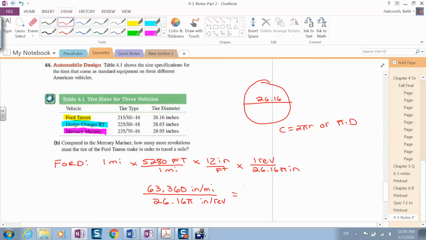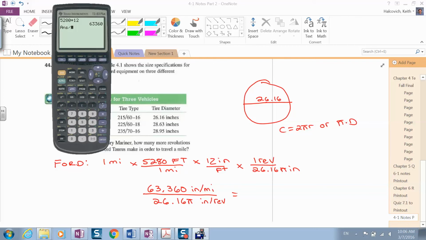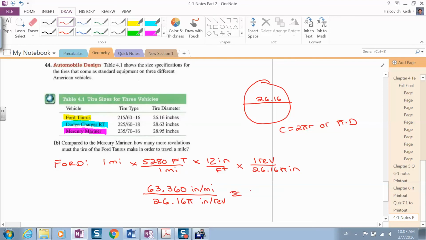You have to put parentheses here, because if you don't, it'll divide by 26.16 and multiply by pi. So you get 770.952 revolutions, approximately 771 revolutions to travel a mile.